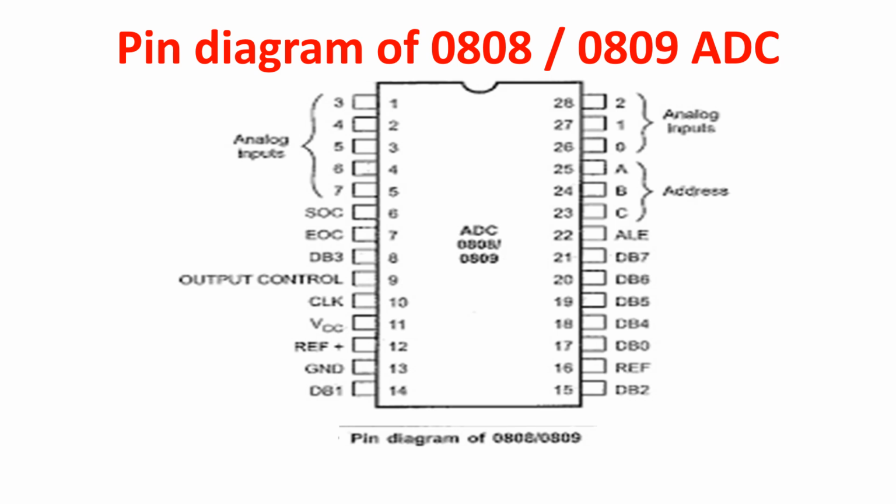In this pin diagram, we have 8 analog inputs, 3 address lines A, B, C, start of conversion signal, end of conversion signal, VCC, ground, V reference plus and V reference minus, address latch enable, and 8 digital outputs. These have been represented in this pin diagram of 0808 or 0809.